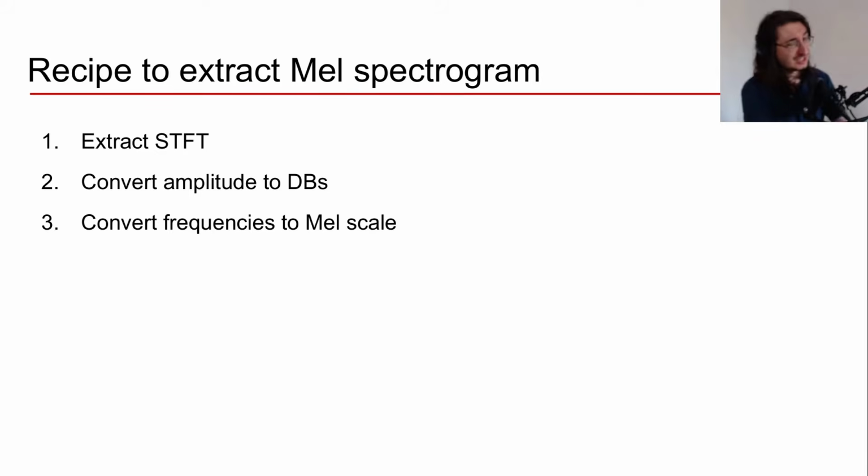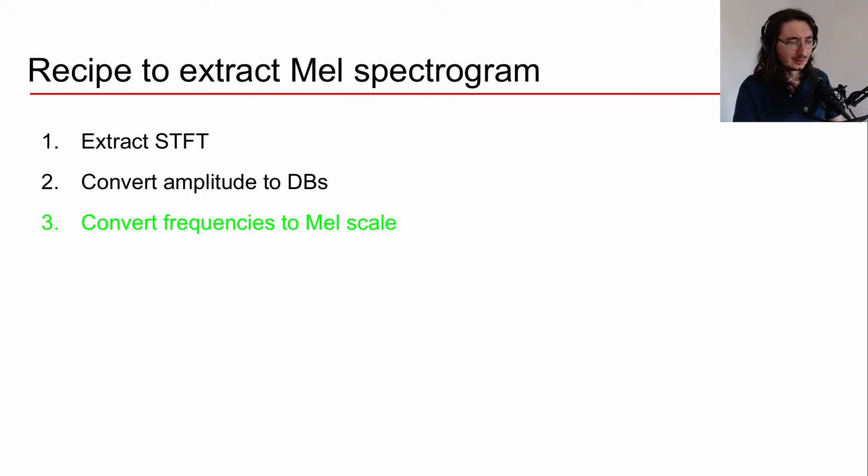As I said, these 2 steps are the ones that we use for vanilla spectrograms. So nothing new here. The new thing is the third step, which is converting frequencies to the Mel scale. This is the whole point of Mel spectrograms. So we take a spectrogram and then we convert the frequencies in that spectrogram to the Mel frequency representation.